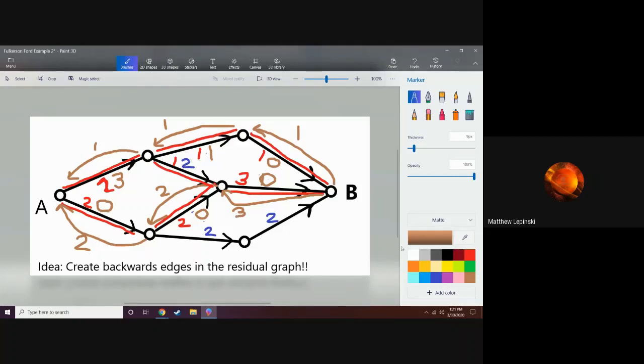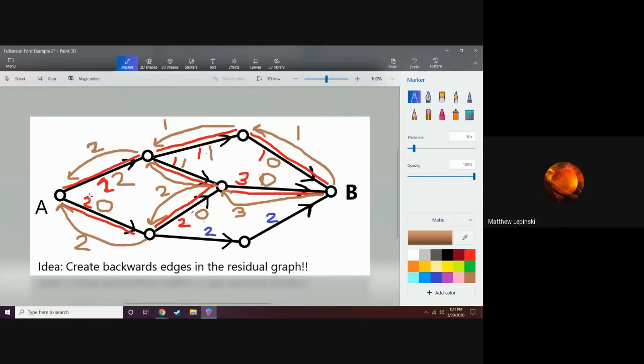And now this 2 is going to become a residual 1. And I can add a backtracking edge. And here, this 3 is now going to be a residual 2. And I've got some additional backtracking I could do here. Okay.